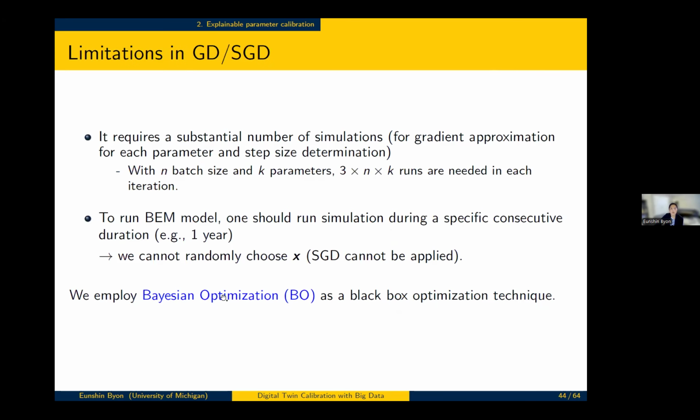Okay. So previously we used GD, SGD, but SGD requires a substantial number of simulations because with batch size n and k parameters, we have to run simulations 3 times n times k times. So it takes time. So this time, with this high-dimensional parameter space, we decided to use Bayesian optimization.